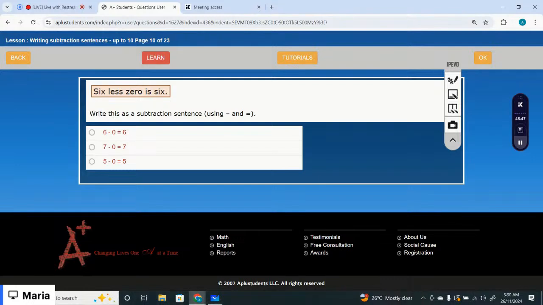Option number 1 is the correct option. That is 6 take away 0 is 6. Option number 1 is the correct option.